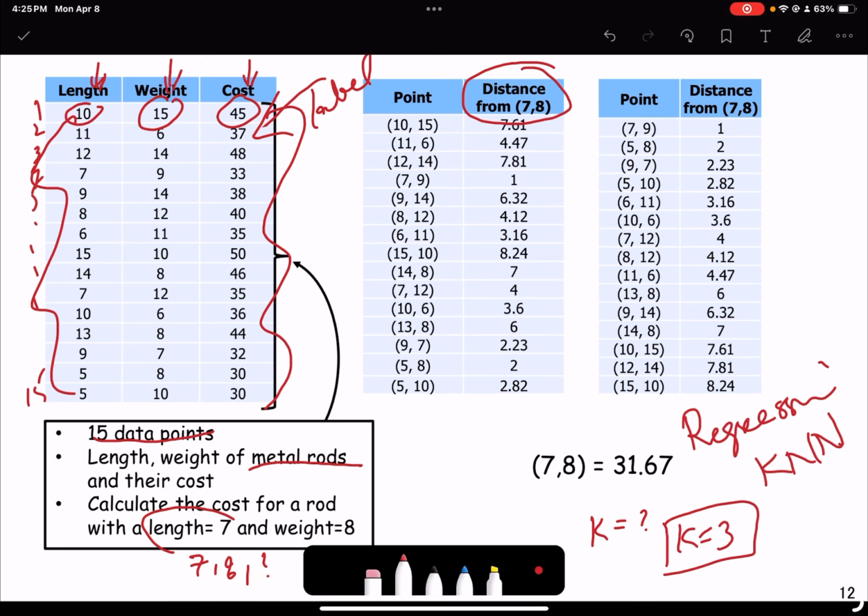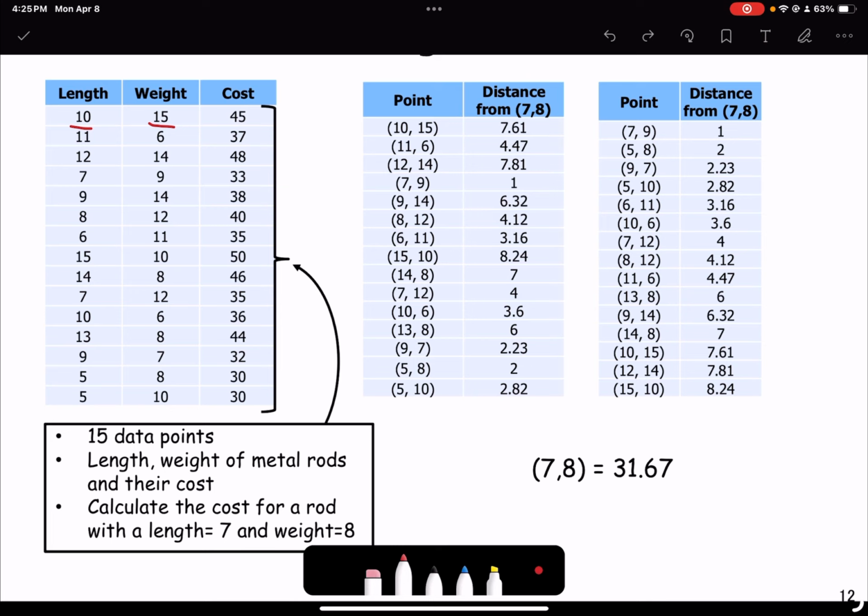The first data point that we have here is 10 and 15, and we are going to estimate the distance, considering the Euclidean distance.